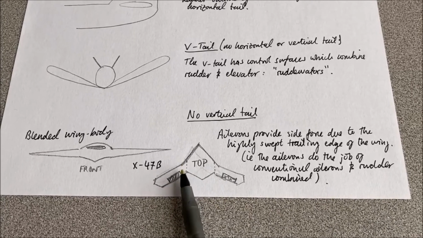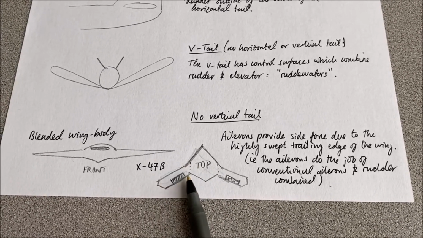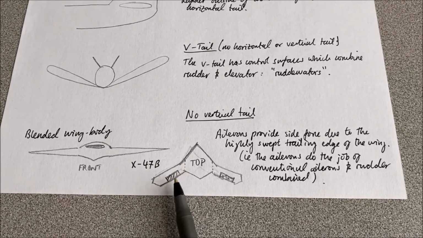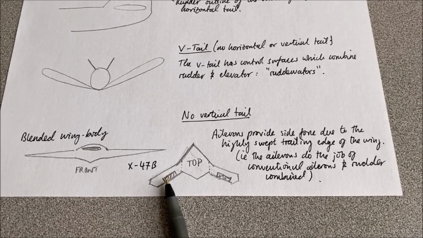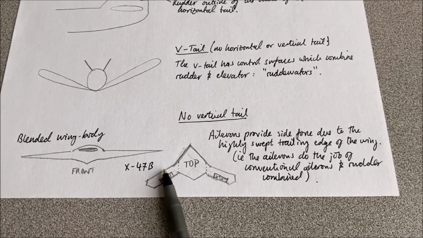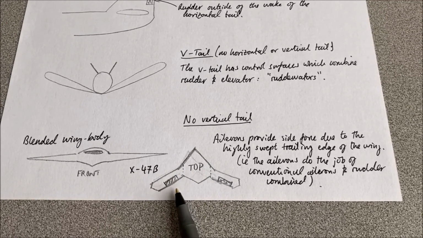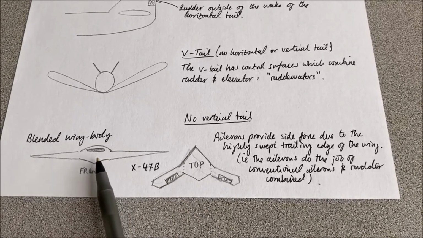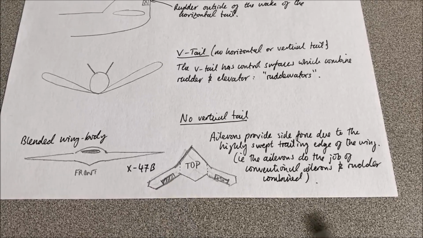It's got folding wings, but the wings critically have a very high trailing edge sweep angle, which means that when you deploy the ailerons, you get some side force. So the ailerons in this particular case do the job of conventional ailerons plus the rudder combined, right? So that's why a vertical tail is not necessary for a highly swept trailing edge wing.